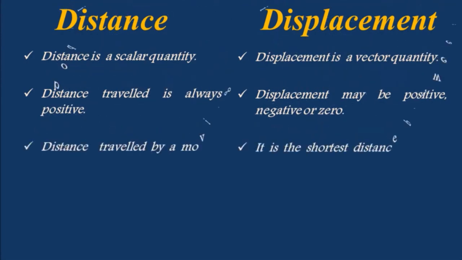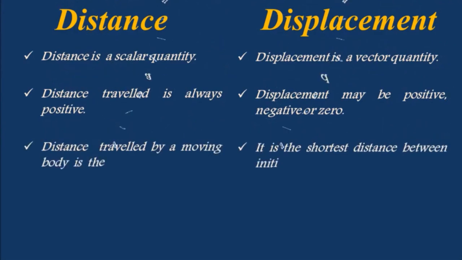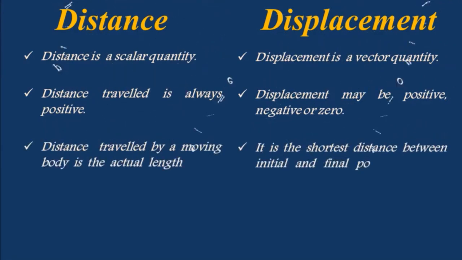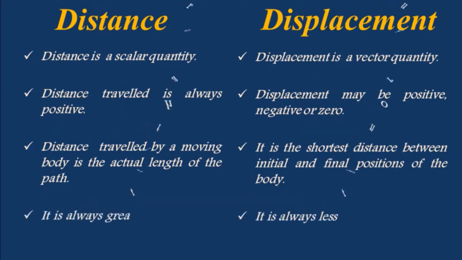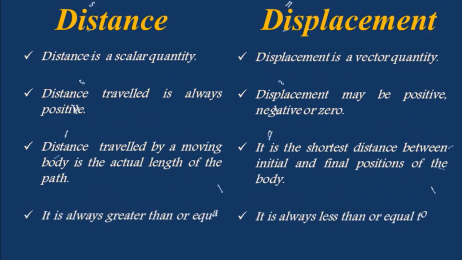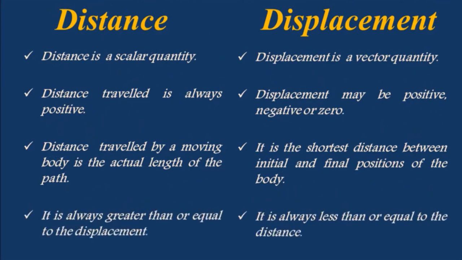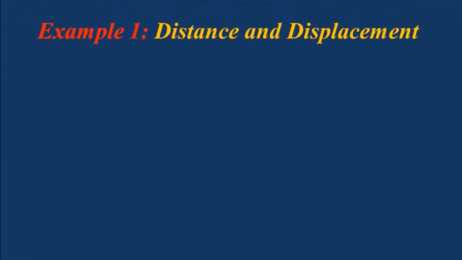Distance travelled by a moving body is the actual length of the path. Displacement is the shortest distance between initial and final positions of the body. And distance is always greater than or equal to the displacement, but displacement is always less than or equal to the distance.